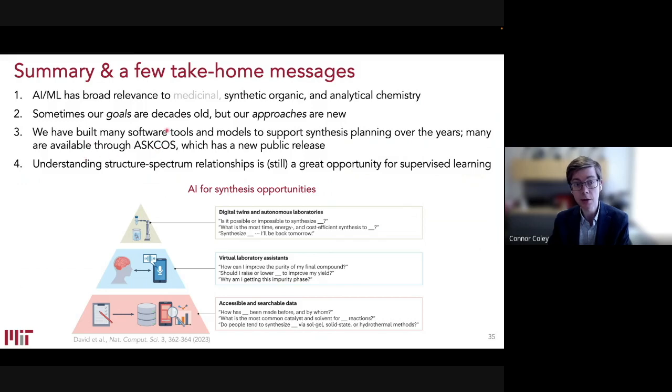ASCOS, again, is our version of some synthesis planning tools that provides a very nice platform to build upon in an open source ecosystem. And if you're interested in synthesis more broadly, there's a short comment article from last year in Nature Computational Science, just highlighting some of the questions, challenges and opportunities for the field to address. Again, because of time, I'll just close there.